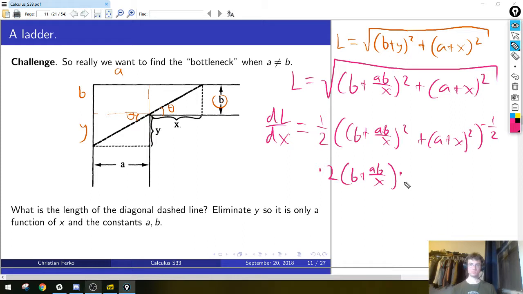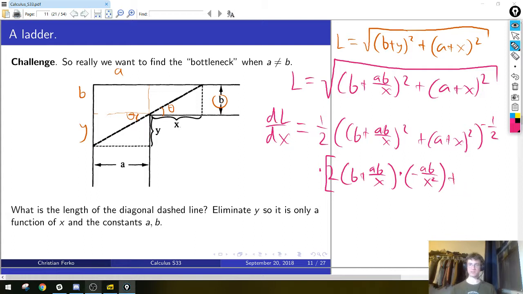So this is going to be negative AB x to the negative second power. I'll put that downstairs like that, and maybe I should put some big brackets around this. So that's the first piece, and then we differentiate the second piece by linearity.